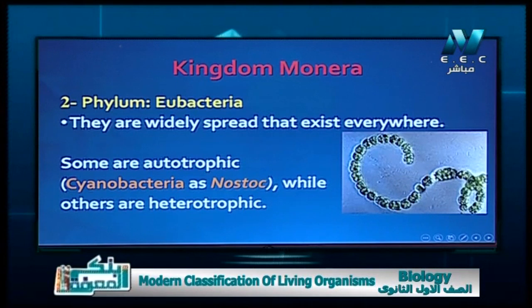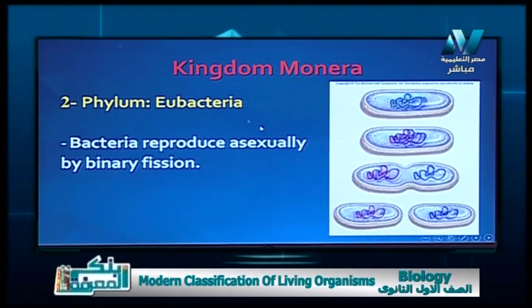So bacteria generally are unicellular organisms. As we said, bacteria can be autotrophic or heterotrophic. The heterotrophic bacteria could be parasites, which cause diseases, or saprophytes, which feed on dead bodies or organic remains.